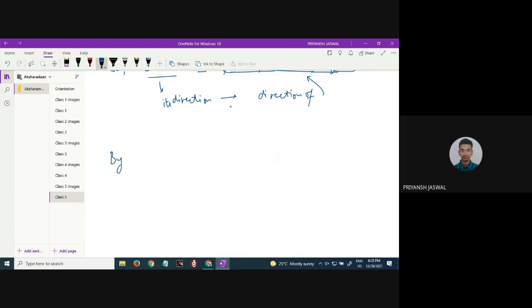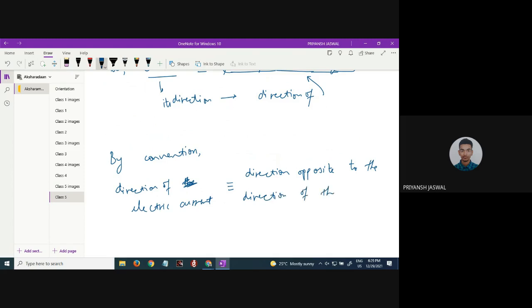But now we know that by convention, the direction of electric current is opposite to the direction of the flow of electrons, the negative charges.